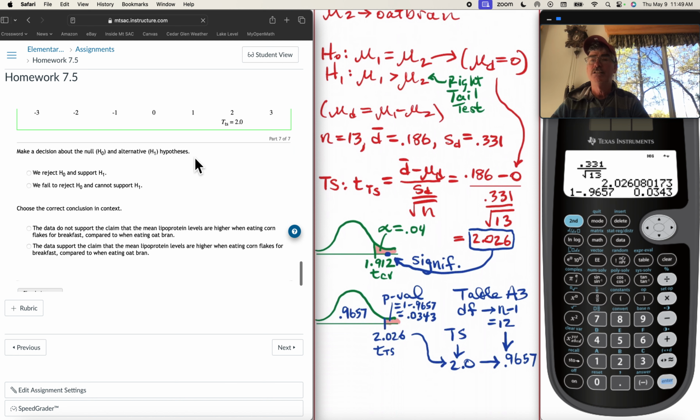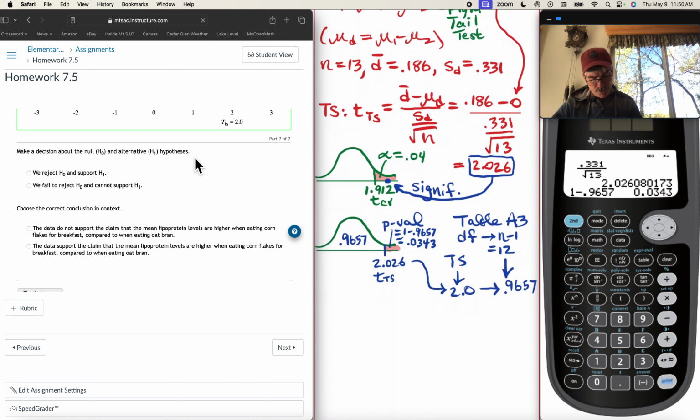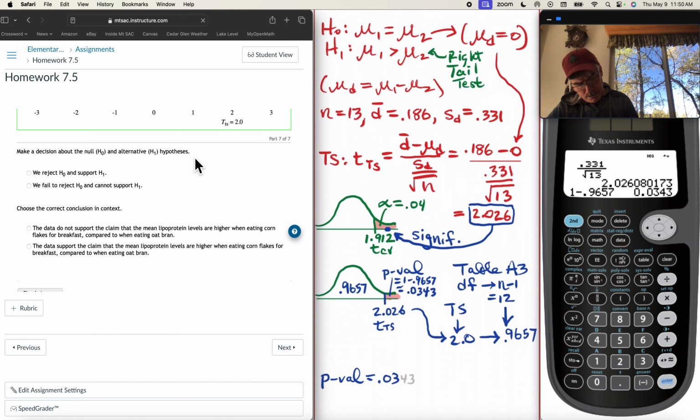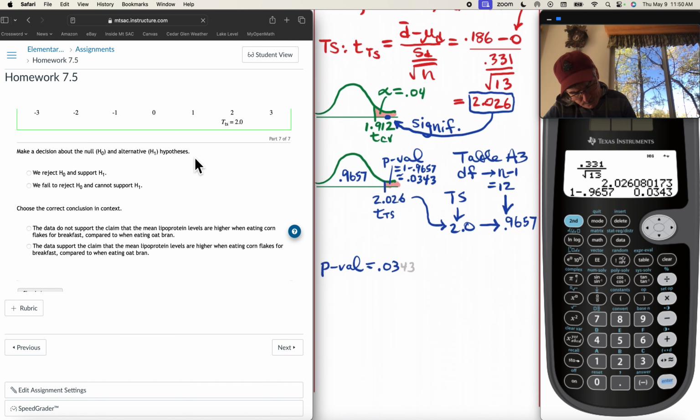And then the decision part is just again reminding you that you reject the null hypothesis when the p-value is less than alpha. So for our p-value, we want to focus on the 0.03, and I'm going to obscure the 43. Just focus on 2 digits. 0.03 is less than 0.04, which is our alpha.